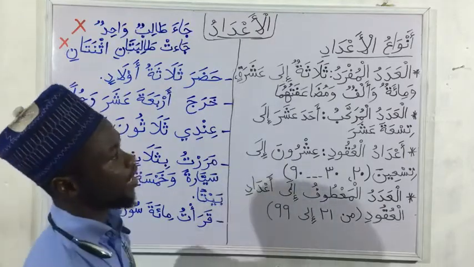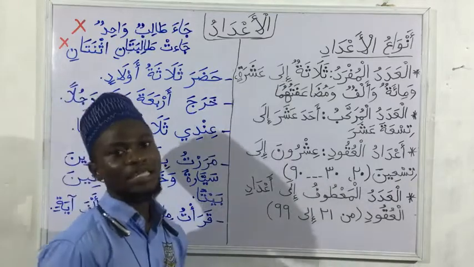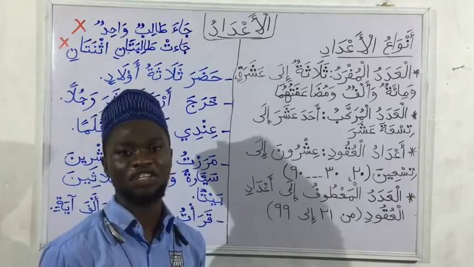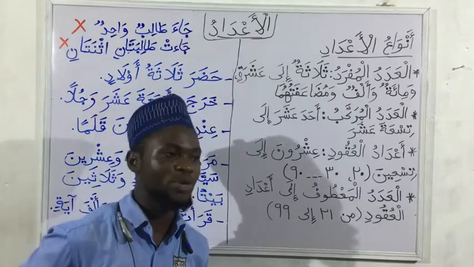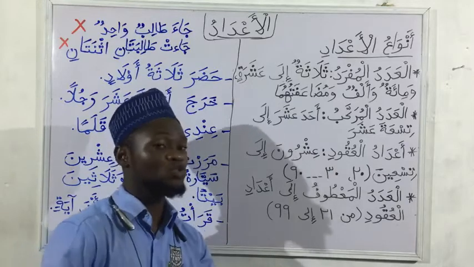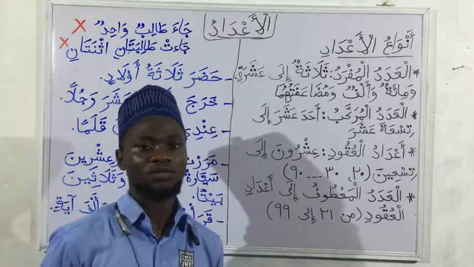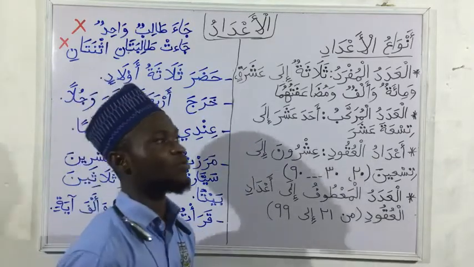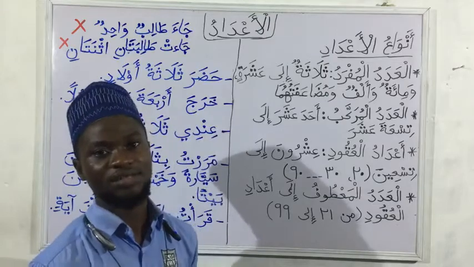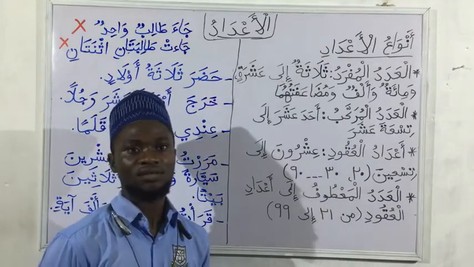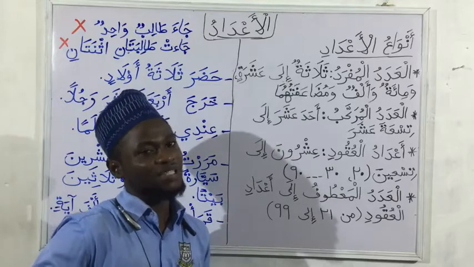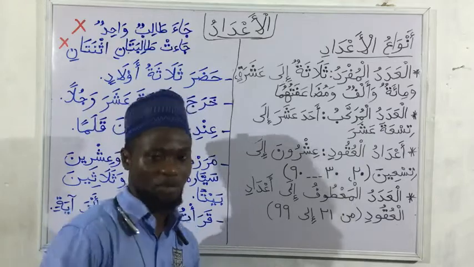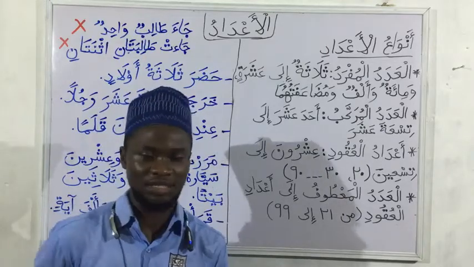Thalathatun ila asharatin. This 3 to 10 is the only one that conforms with the idiosyncrasy of English. In English, when you mention a number that is not 1, let's say 4, the noun that comes after it will be in plural. For example, 100 boys, 3 boys, 5 boys, 25 boys, they are just boys in English.